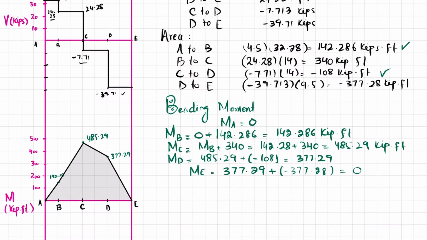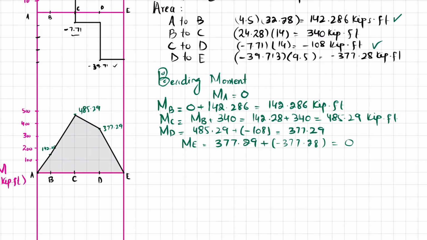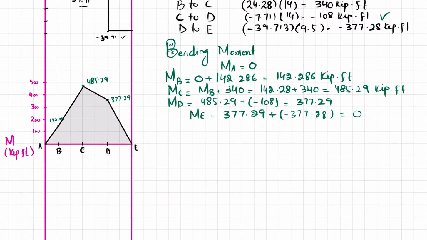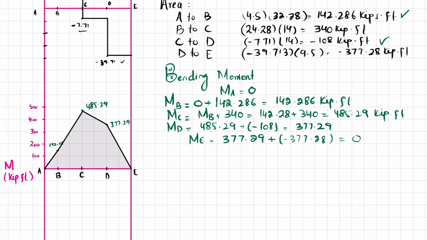From this diagram you can see that we have maximum bending moment, which is 485.29 kips into feet.